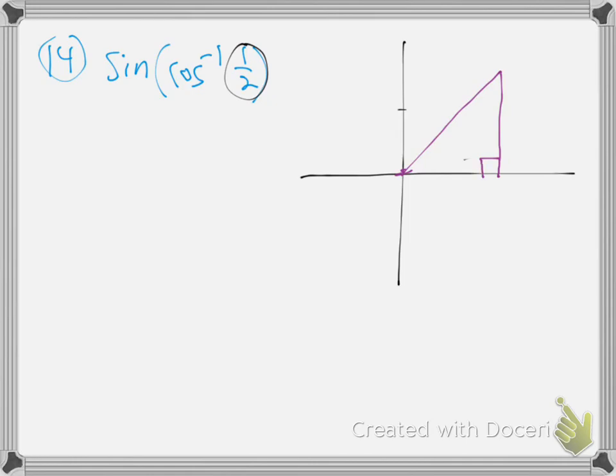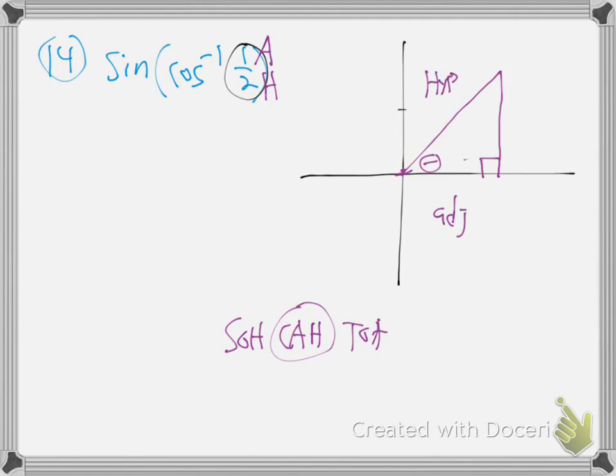Come down to the x-axis. Put our angle theta right at the origin. So cosine's adjacent over hypotenuse. So this is the adjacent side, and this is the hypotenuse, and this is the opposite.